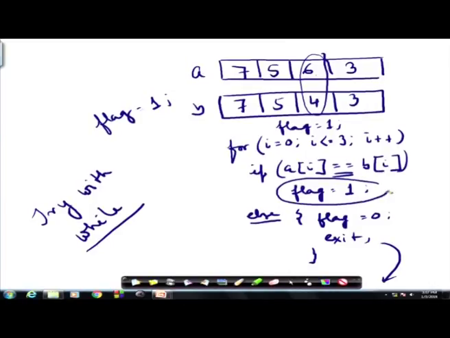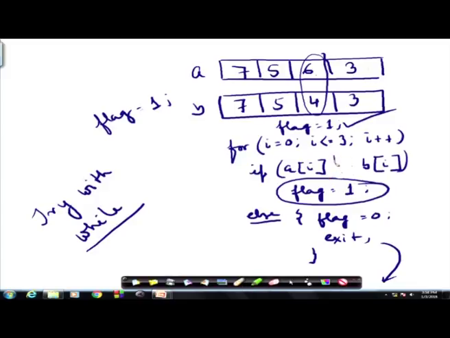Another point is that here, everywhere I am setting the flag to 1. I could have changed that also. What did I need to do? I go on, I have set flag to 1, and I simply change the condition.